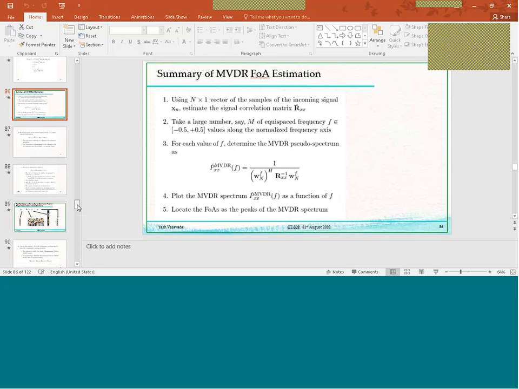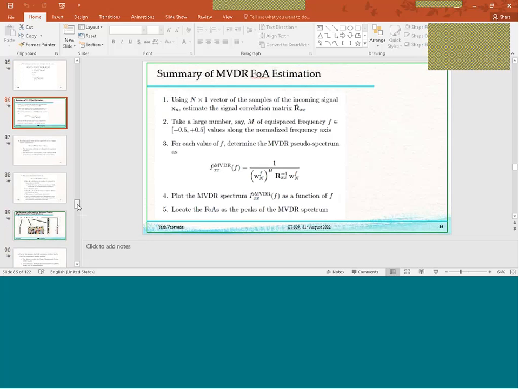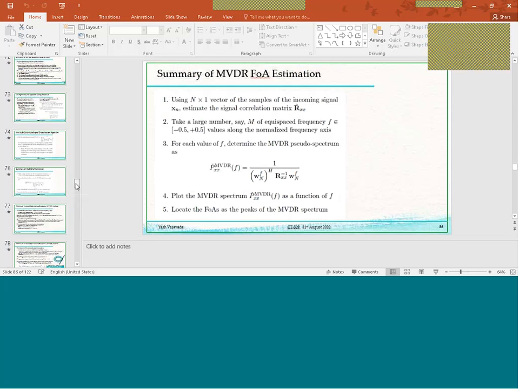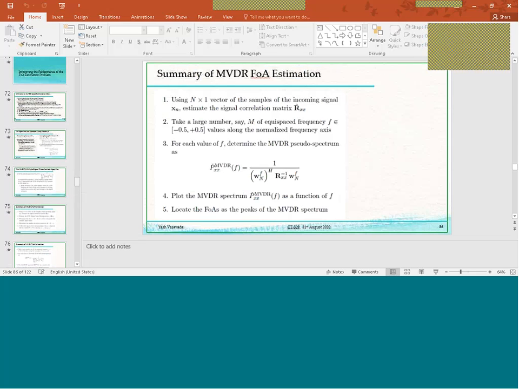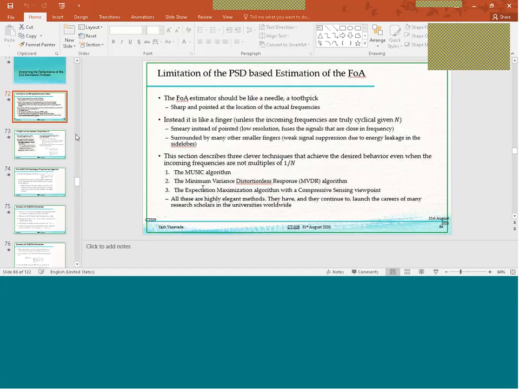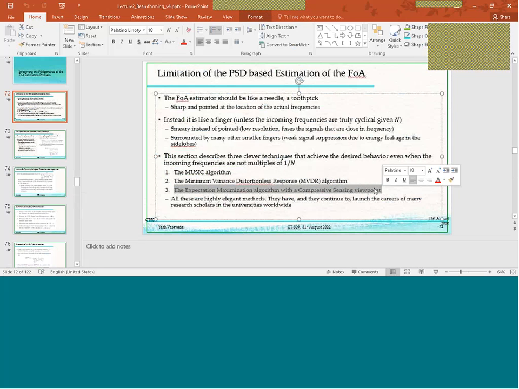Remember on this slide, we said that the alternative techniques are the MUSIC algorithm and the MVDR algorithm. And then the third algorithm is this expectation maximization algorithm. So let us get to this expectation maximization later on Wednesday.